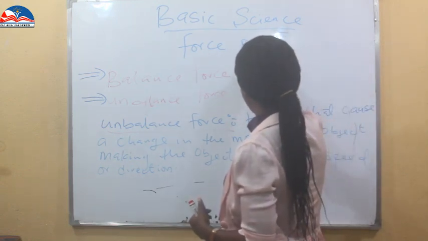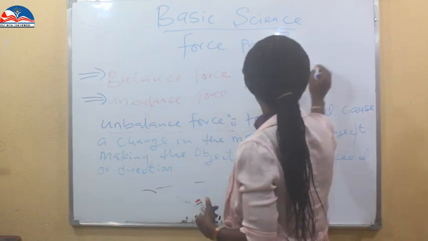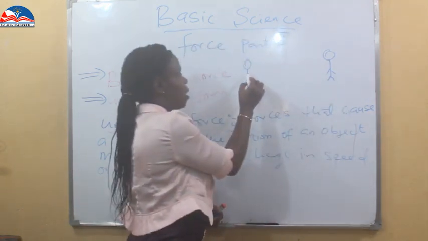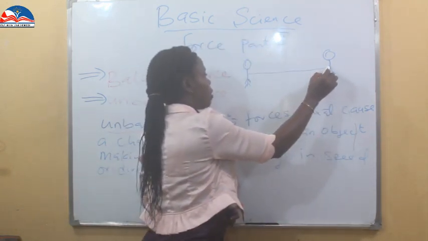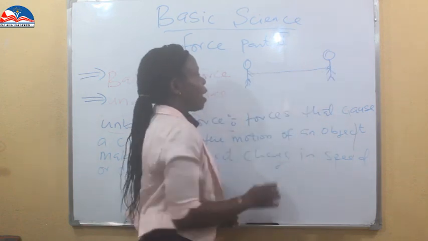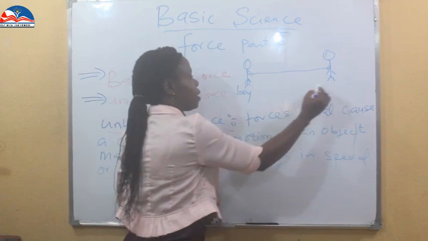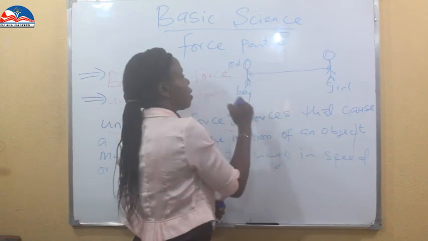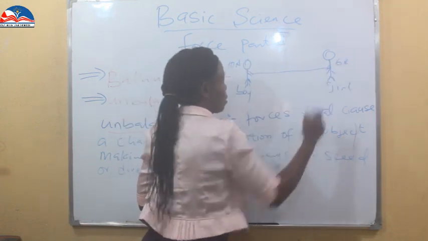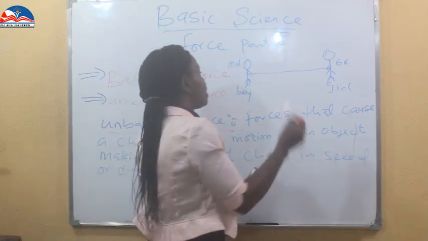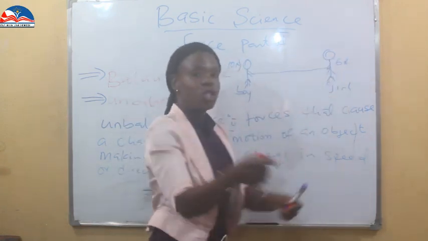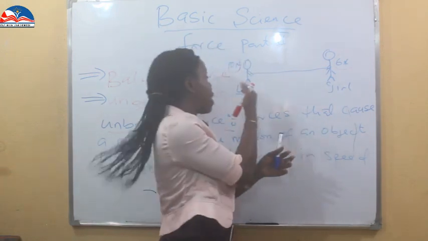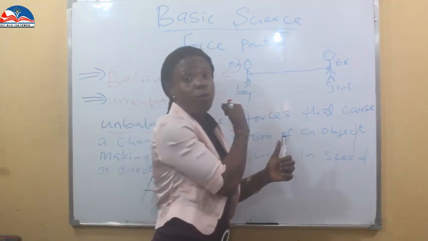If this is a boy and this is a girl, and this is a rope that both of them are dragging. The boy applied 10 Newton and the girl applied 6 Newton. You will agree with me that the one that applied 10 Newton is going to drag the rope to his side, because the boy has the more force applied.